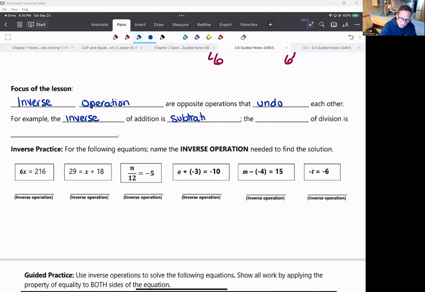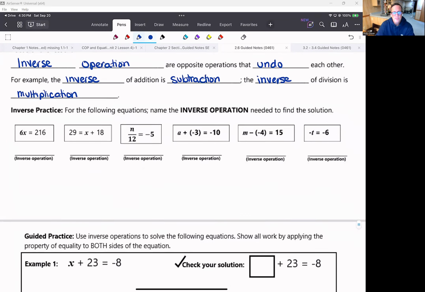The inverse operation of addition is subtraction, and the inverse of division is multiplication. Those are some of the more common types of inverse operations.